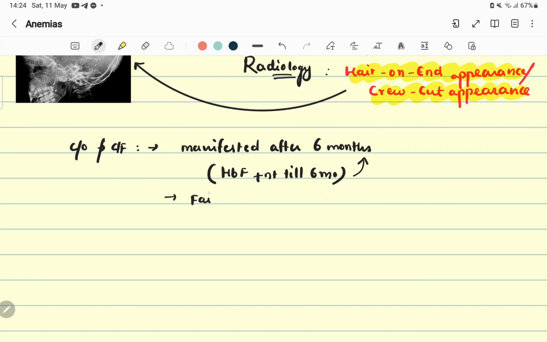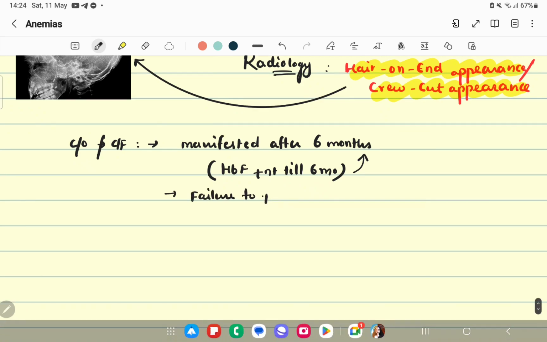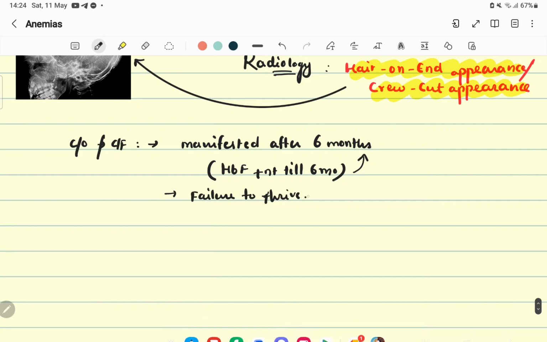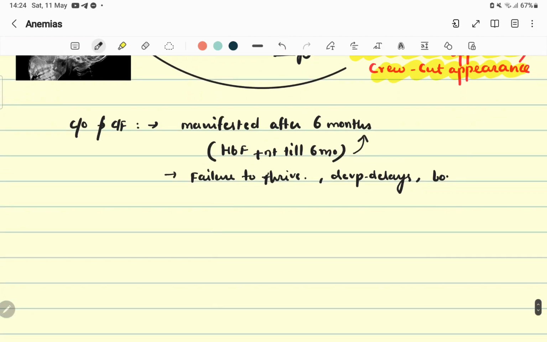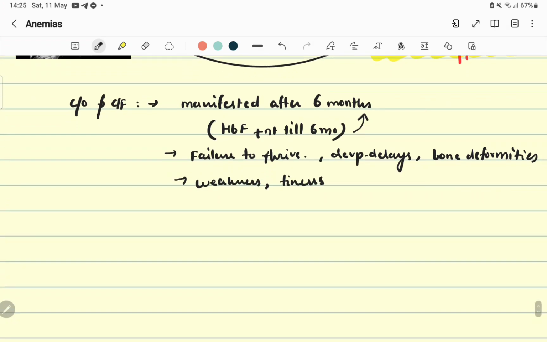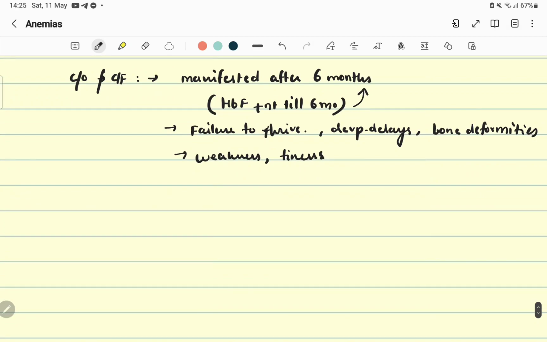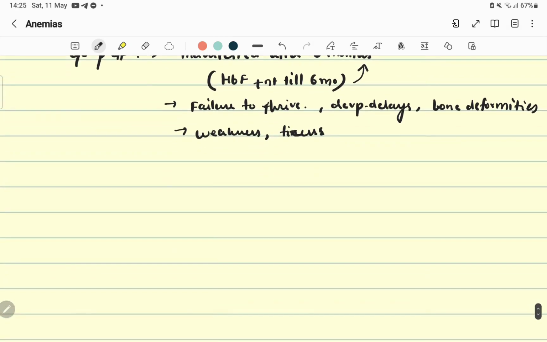We'll have failure to thrive, developmental delays, this type of appearance, and this type of bone deformities. Non-specific symptoms are like weakness, tiredness, etc. These are in beta thalassemia.